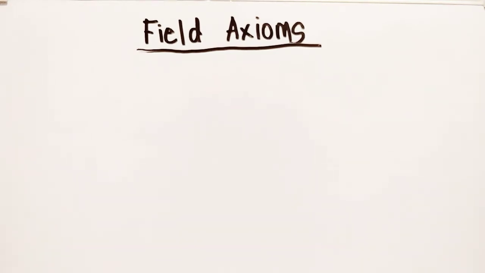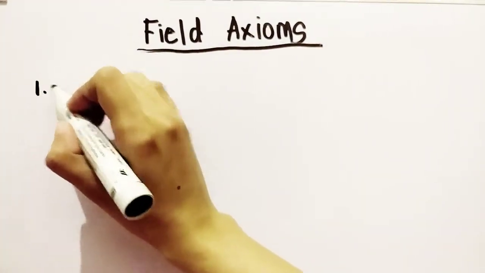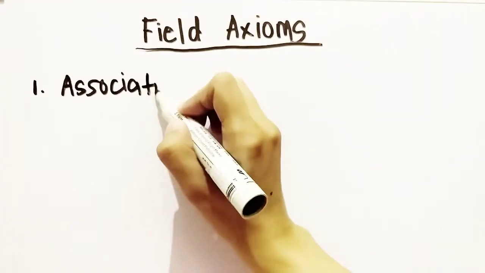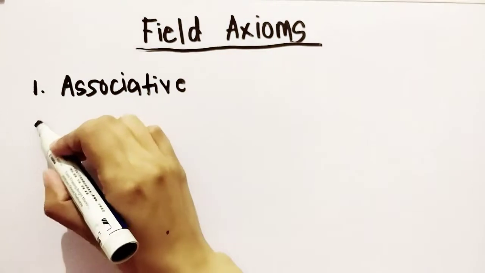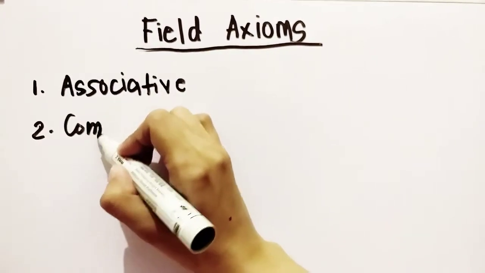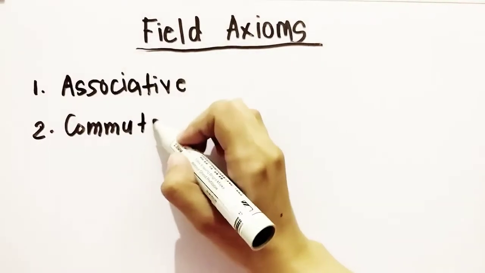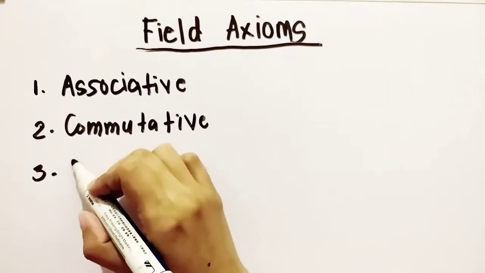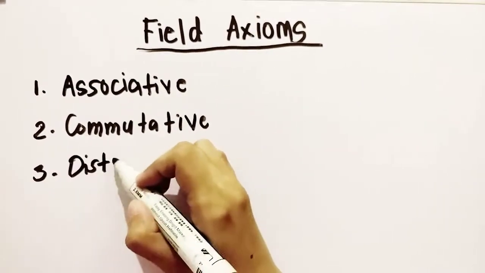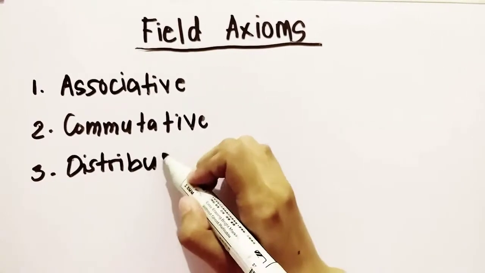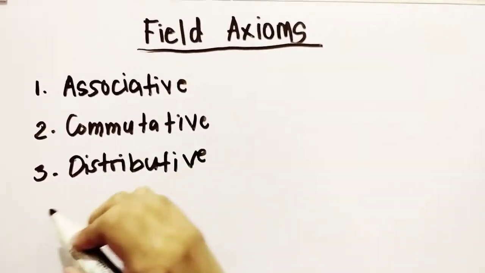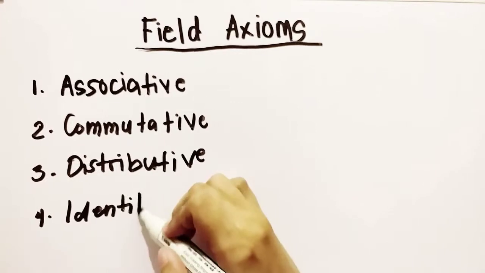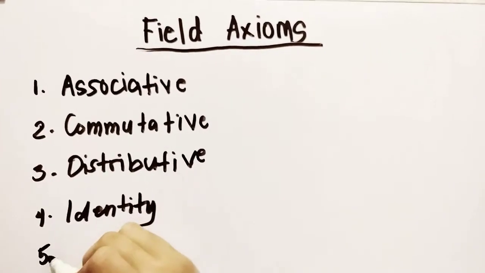So we have associative, commutative, distributive, identity, and inverses.